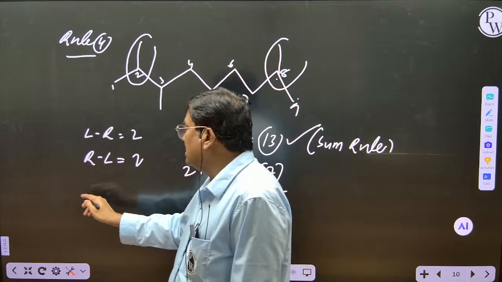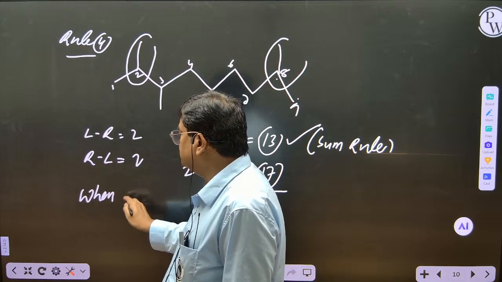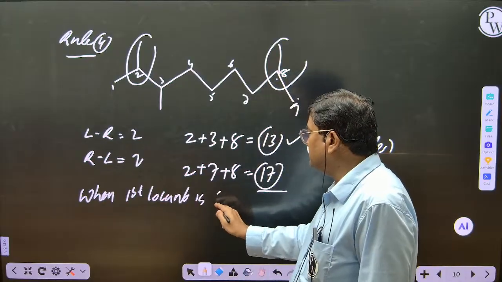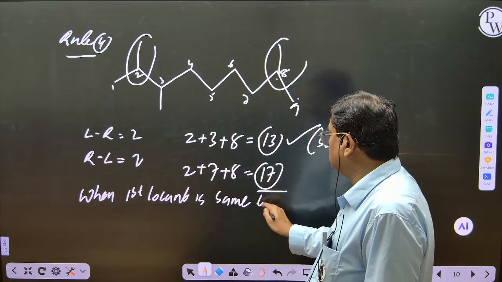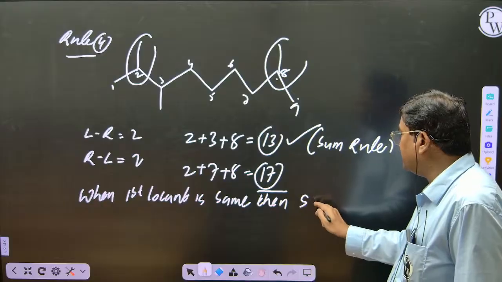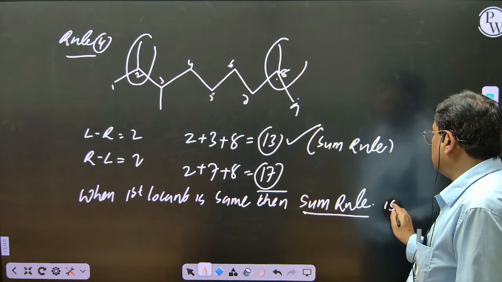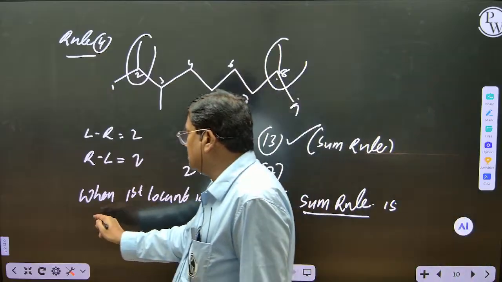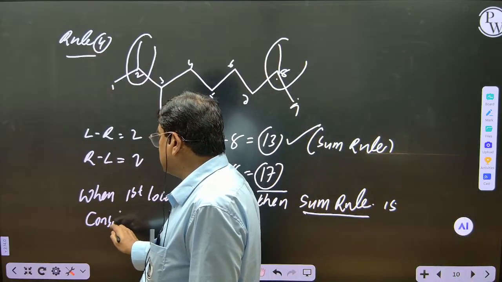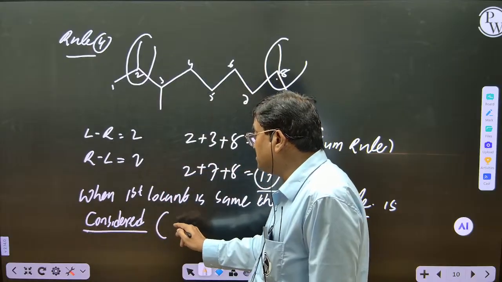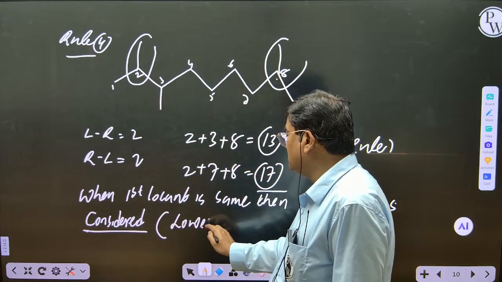So here write, when first locant is same, then sum rule is considered. In that sum rule, which one do you consider, lowest sum or highest sum?